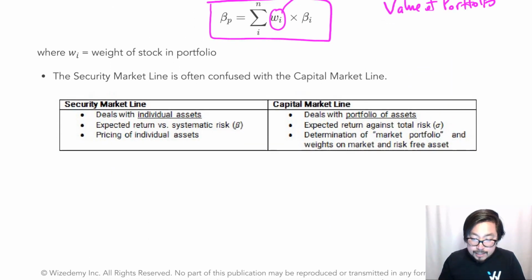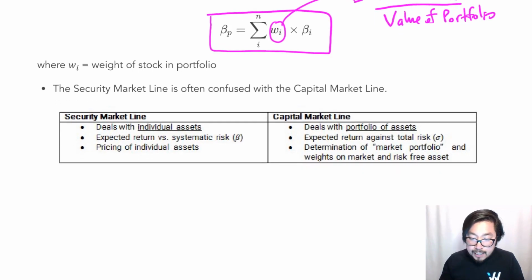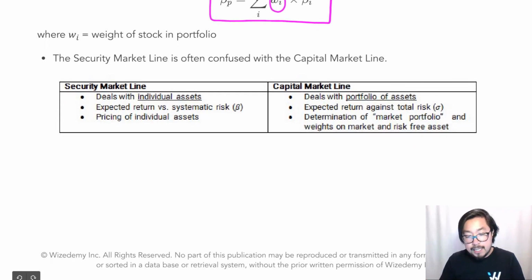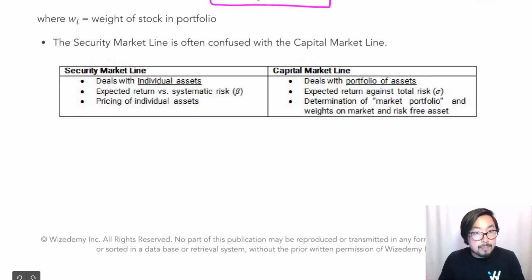And the security market line is often confused with the capital market line. So SML versus CML. And it's understandable because both of the lines are in the CAPM world. The security market line only deals with individual assets, whereas the capital market line deals with a portfolio of assets.